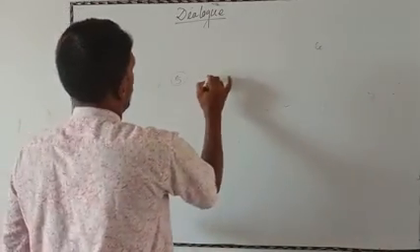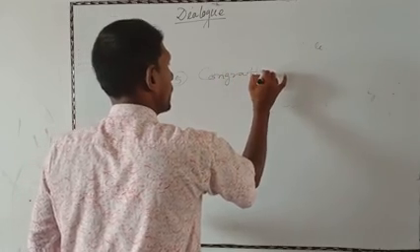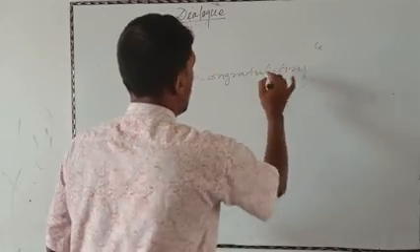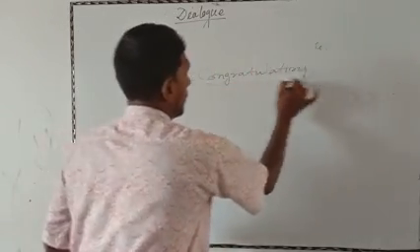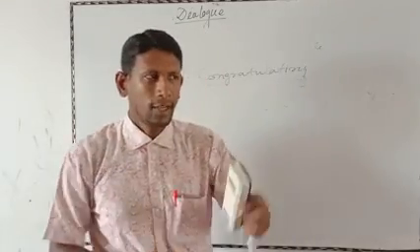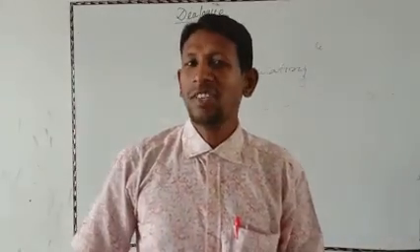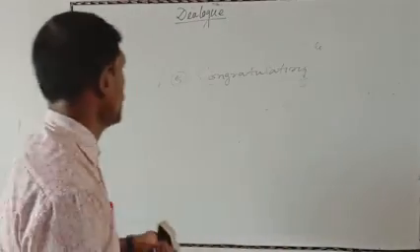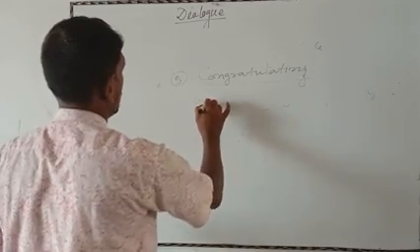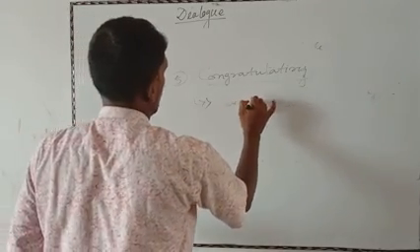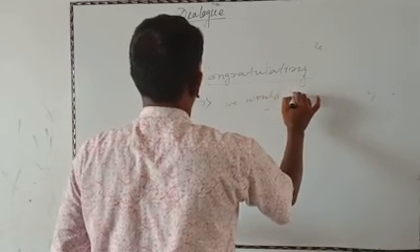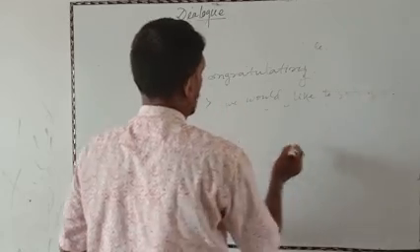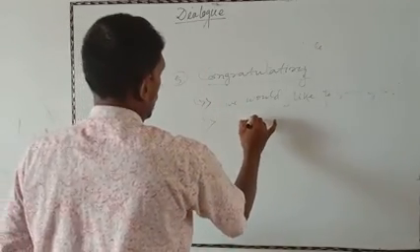Number 5. Congratulating. Think that your friend got GPA 5 in the SSC exam. So at that time, you can tell him you would like to congratulate, or write down, well done.